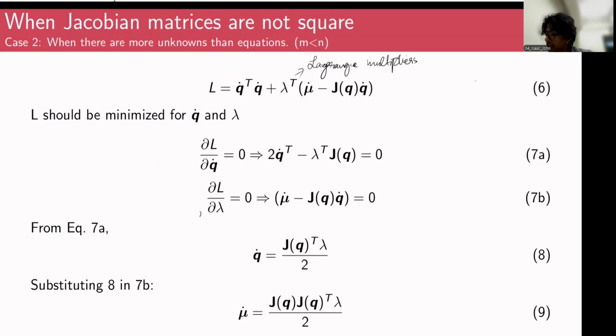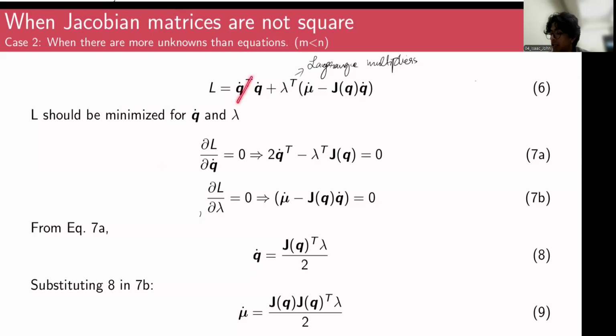And if you take the derivative of this term with respect to q dot, you will end up with minus lambda transpose j of q, because the coefficient of q dot is lambda transpose j of q. So that's what you end up with here. Similarly, if you take the partial derivative of the objective function with respect to lambda, you will end up with this equation, which is nothing but the constraints themselves.